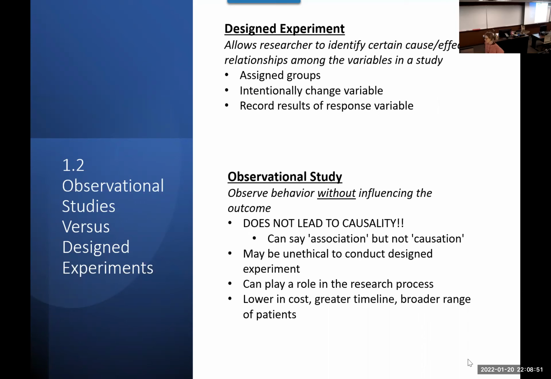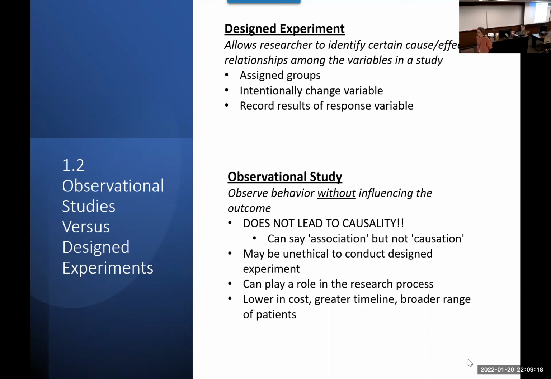And then we'll record the results. A designed experiment is the way for us to identify cause and effect. It's the only way we can identify cause and effect. So one thing causes another. Whereas in observational studies, you're just observing the behavior without influencing an outcome.